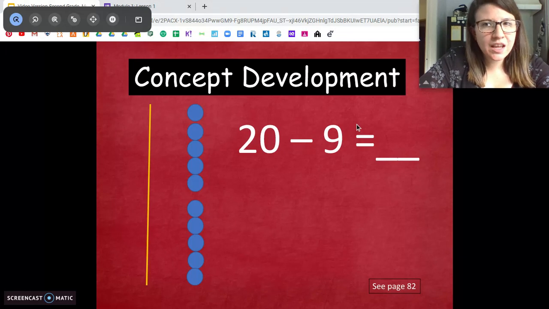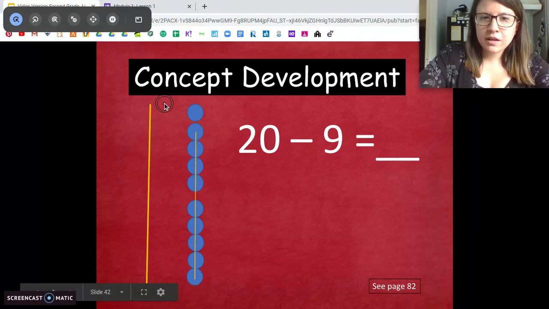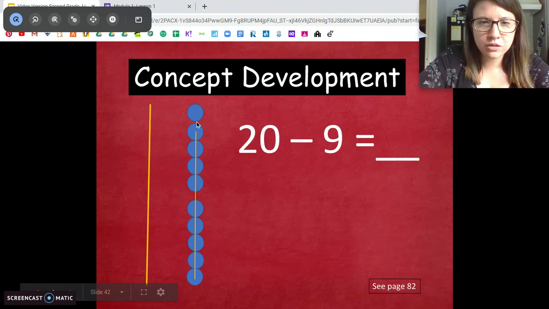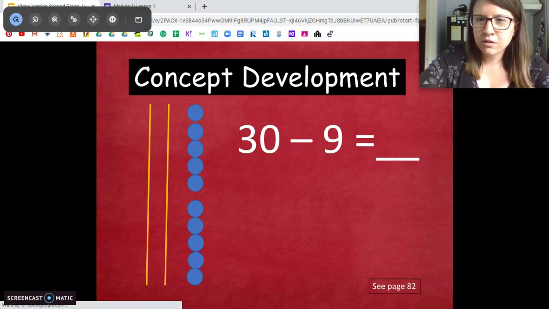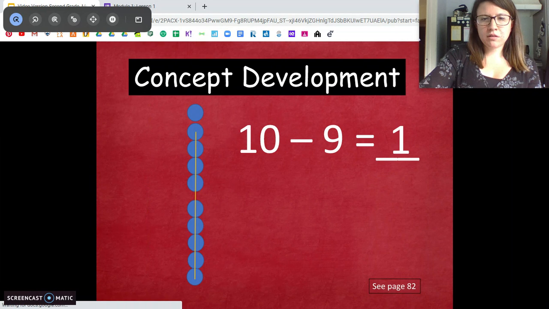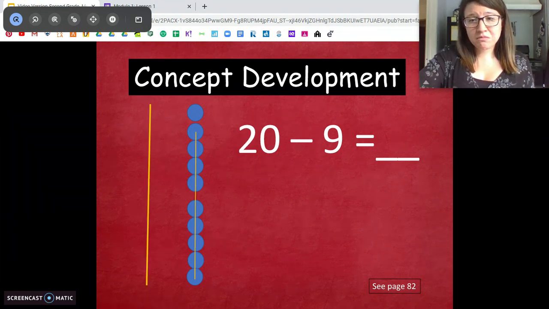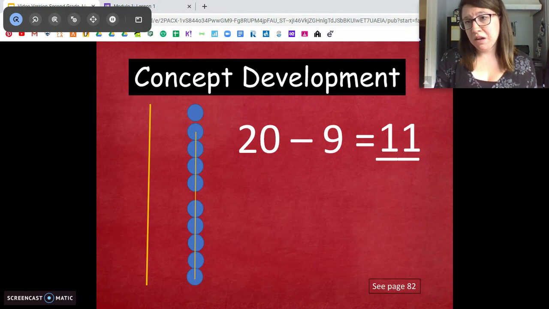Now, we're still taking away the 9, so I could cross off 9 here. And the only difference is now I have an extra 10, so I'd add the 10 plus the 1, and I'd get 11. So it's really just 10 more than 10 minus 9. 20 is 10 more than 10, so our answer has to be 10 more, right?